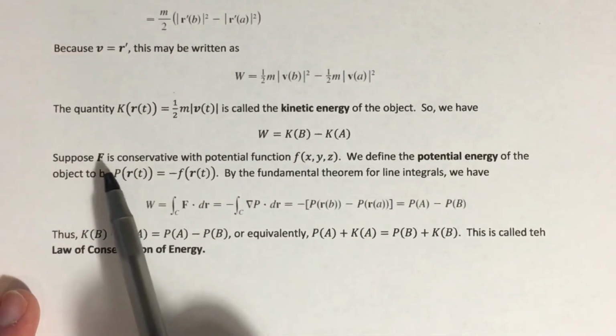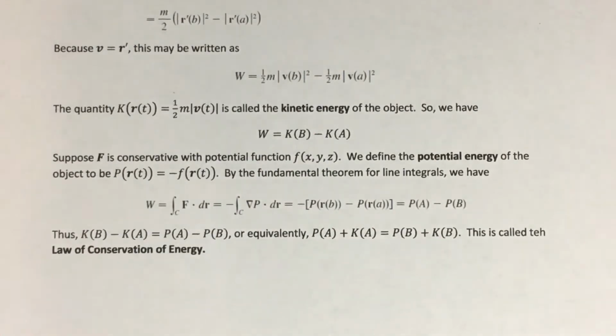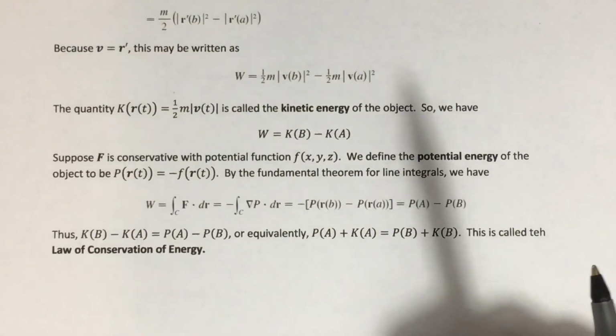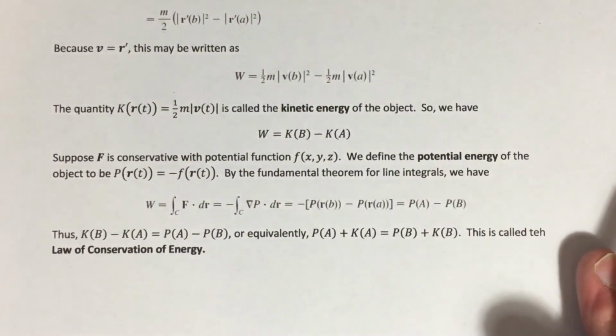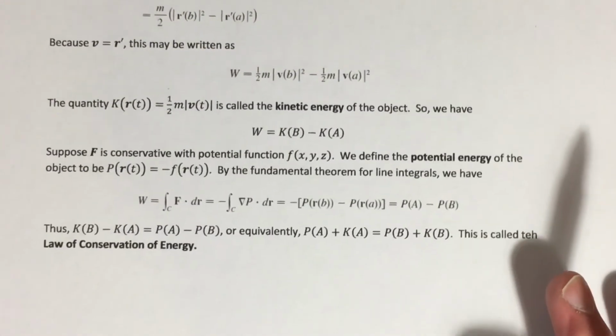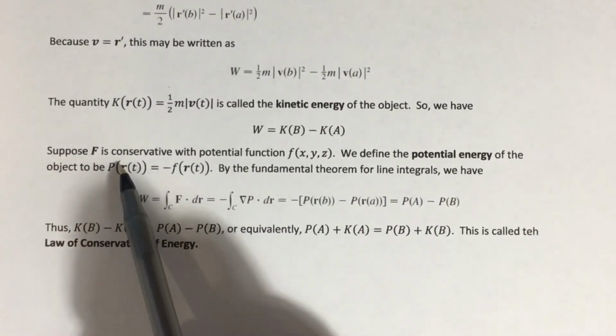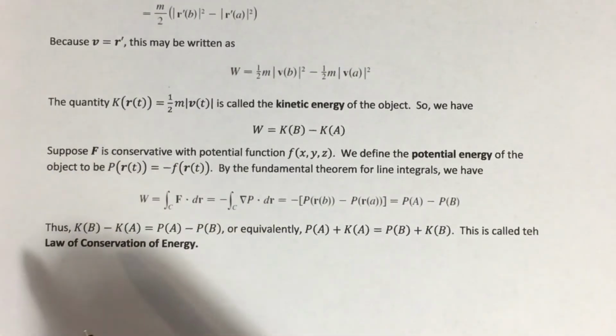Now let's move on and make an assumption about the force field that's moving this particle along this path. We're going to assume here that F, our force field, is a conservative vector field.